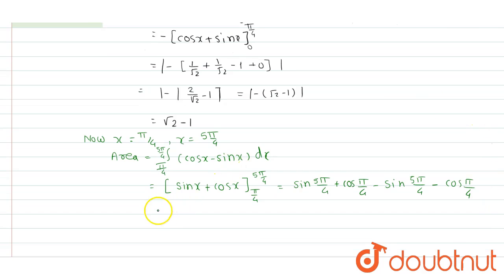This equals minus 1 by root 2 minus 1 by root 2 minus 1 by root 2 minus 1 by root 2, which means 4 times 1 by root 2, equal to 2 times root 2.